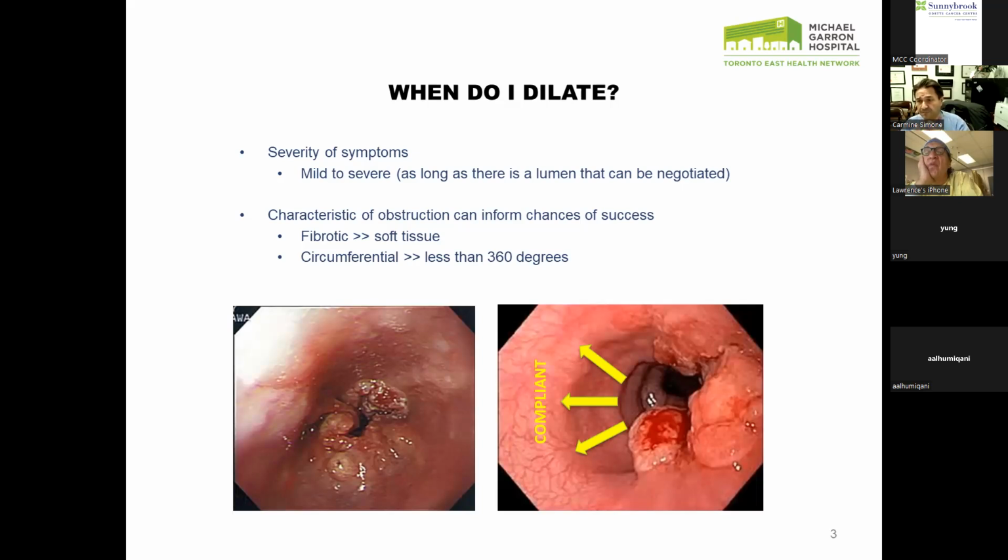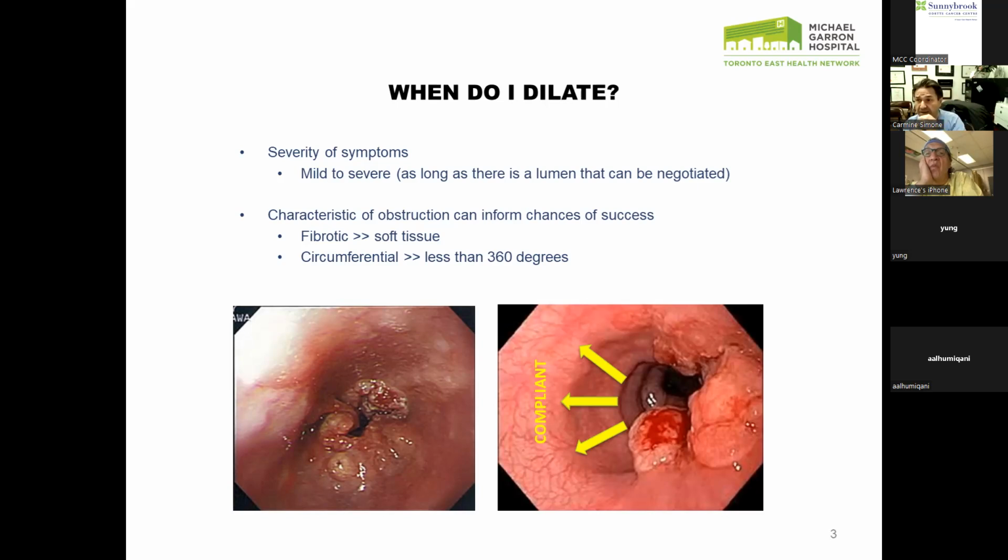And that's because when we dilate, whether it be with a balloon or with a bougie, and a bougie is becoming less frequent, the radial force is usually uniform in a circumferential fibrotic lesion, and then you get a fracture point. But if you have a rigid tumor on one side and a very compliant, soft and pliable side of the wall, there will be a disproportionate pressure, and there's a higher risk of perforation.